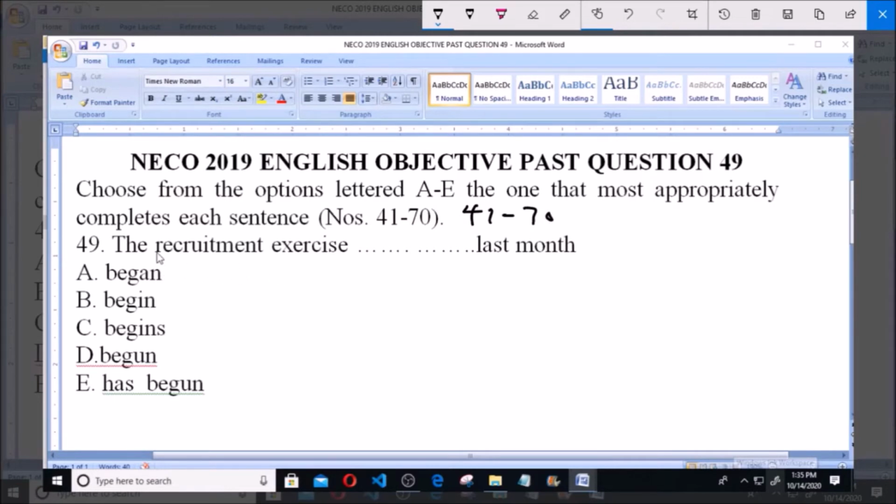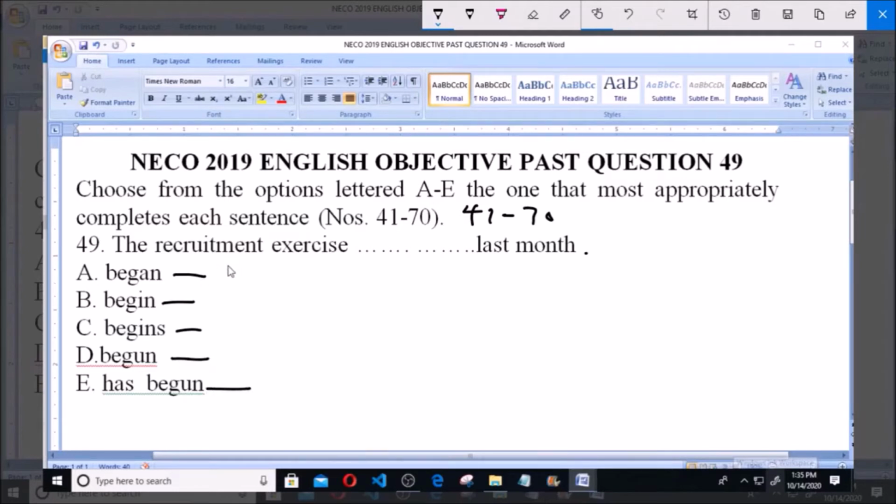The sentence says: the recruitment exercise dash last month. Option A says began, B says begin, C says begins, D says began, E says has begun.